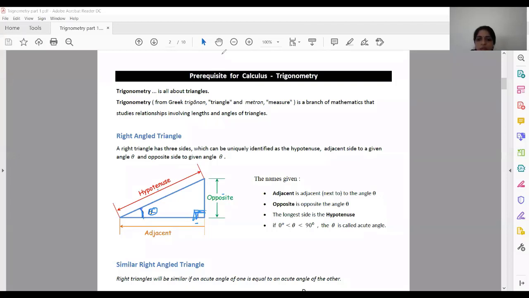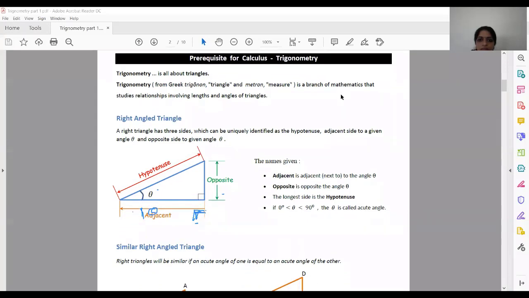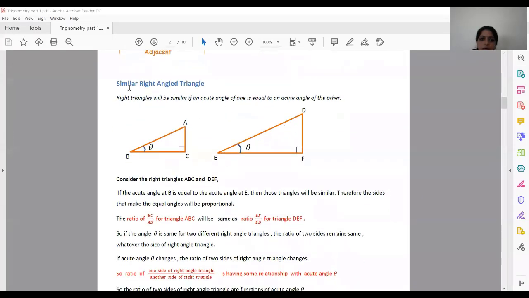But what I want to tell you about the right angle triangle is, if we have two right angle triangles, see, these are two right angle triangles, ABC and DEF. In this triangle, angle C is 90 and in this triangle, angle F is 90.